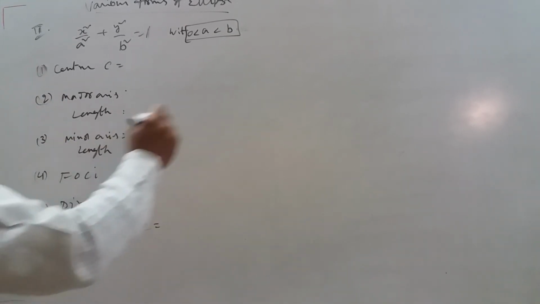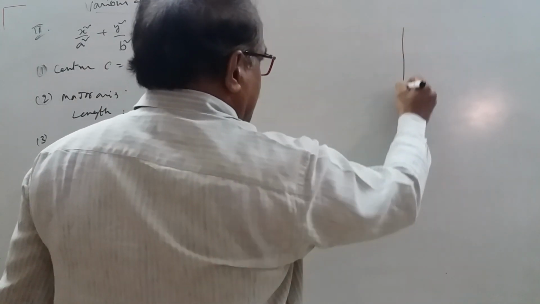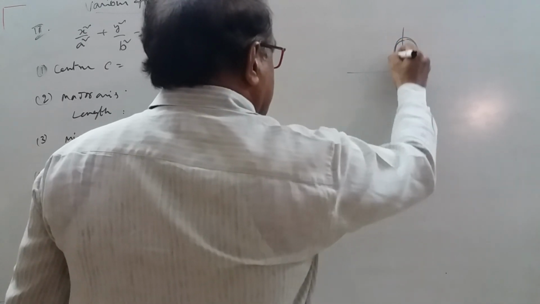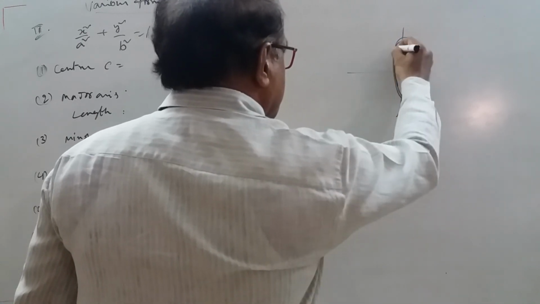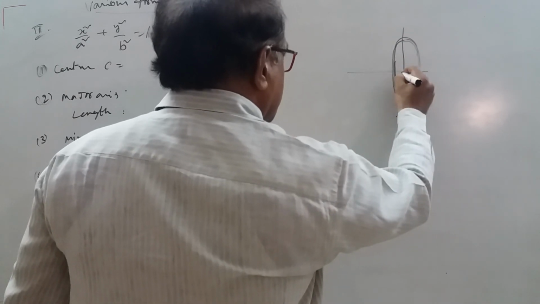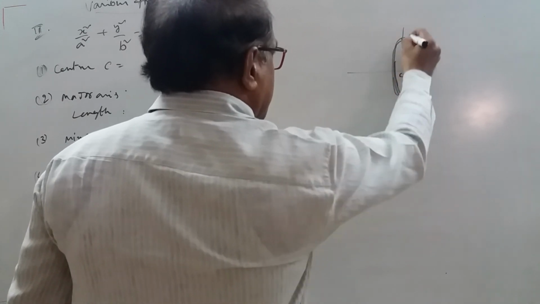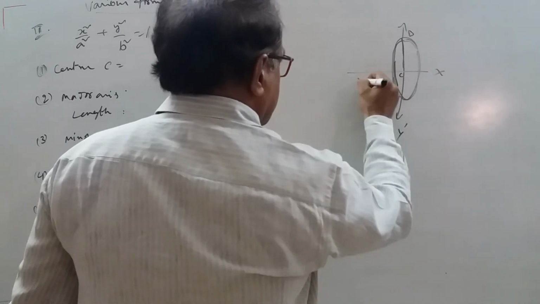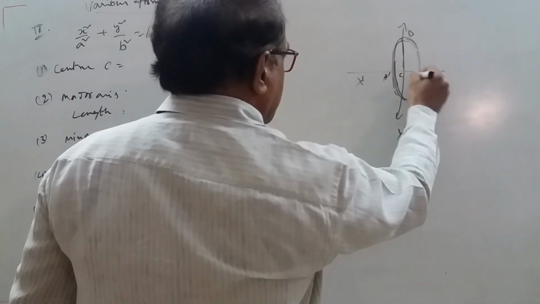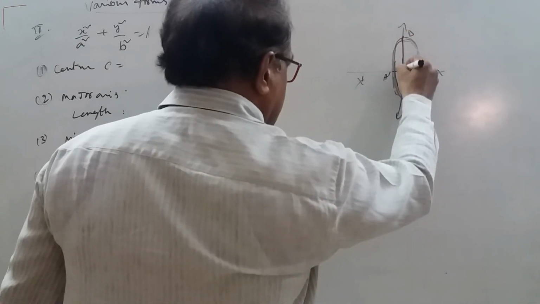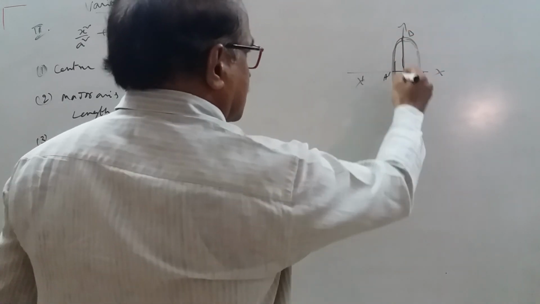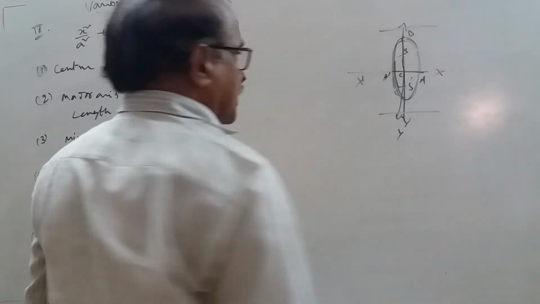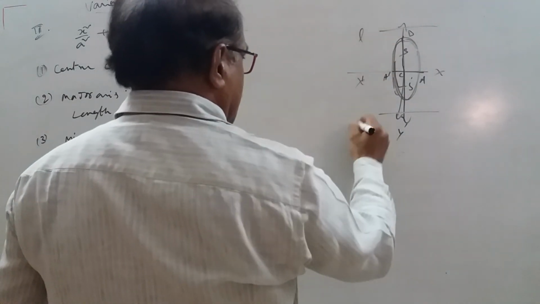In that case, the figure will be vertical, like this. This is the center. This is my major axis, with b dash and b, and this, a dash and a, is the minor axis in this case. Here S and S dash will be there, and the directrices are like this, with L and L dash.